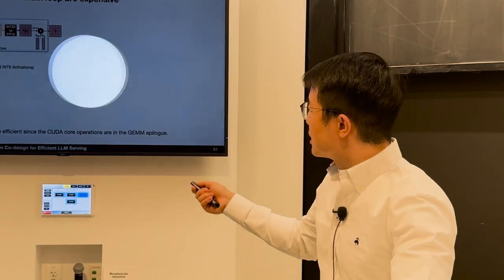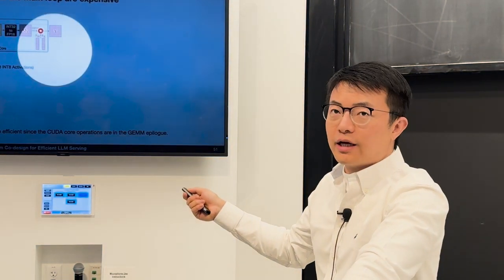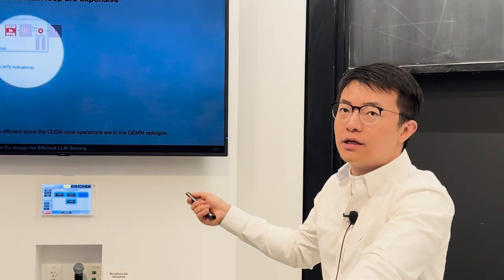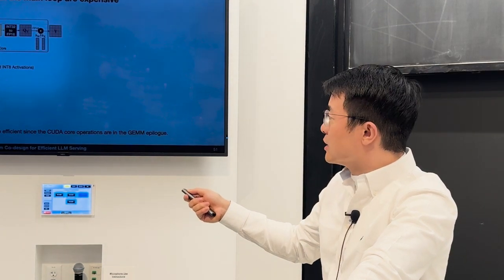So we try to dive deeper to understand the overhead in quantized GEMM on the GPUs. CUDA core operations in the main loop are pretty expensive. We try to do as much processing in the tensor core, not the CUDA core, and do as little as possible, such as the scaling, in the CUDA core inside the main loop.